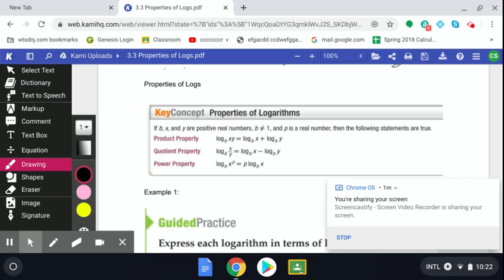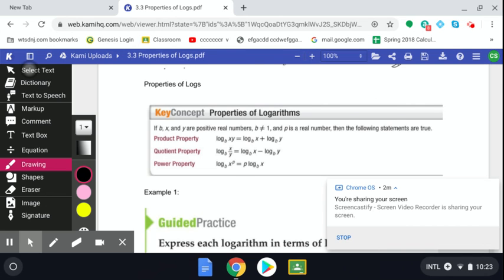The quotient property says that log base b of x over y can be rewritten as log base b of x minus log base b of y. And the power property says that log base b of x to the p power can be rewritten as p times log base b of x.